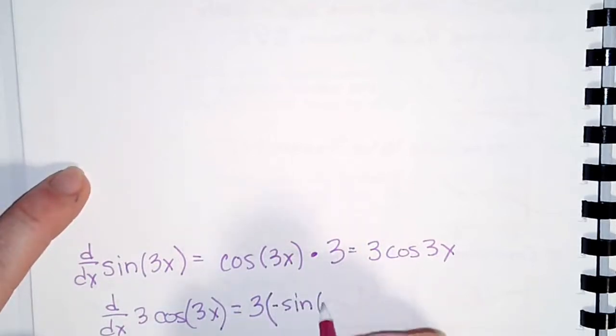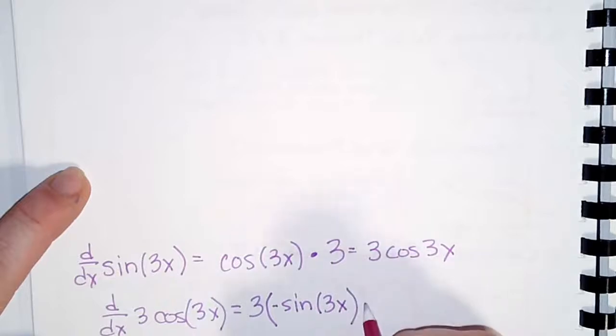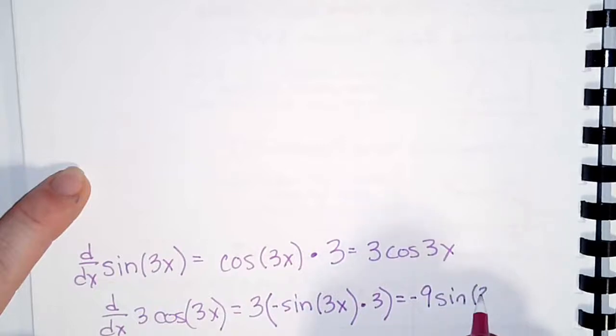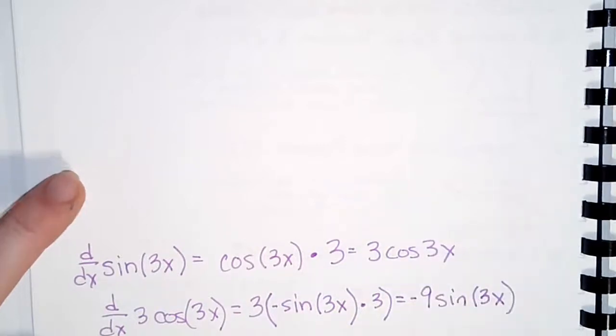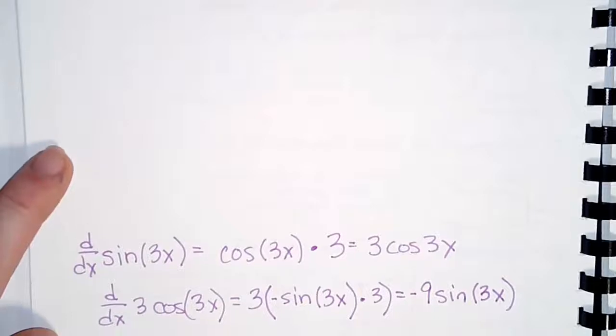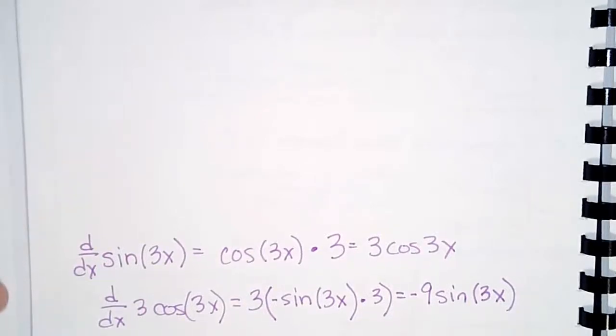Times the derivative of the inside again, which is 3, which would end up being negative 9 sine of 3x. You can see as we keep taking derivatives like this, it's going to keep going up by factors of 3 and negative 3 based on the problem that we have right there. Flipping to the other page.